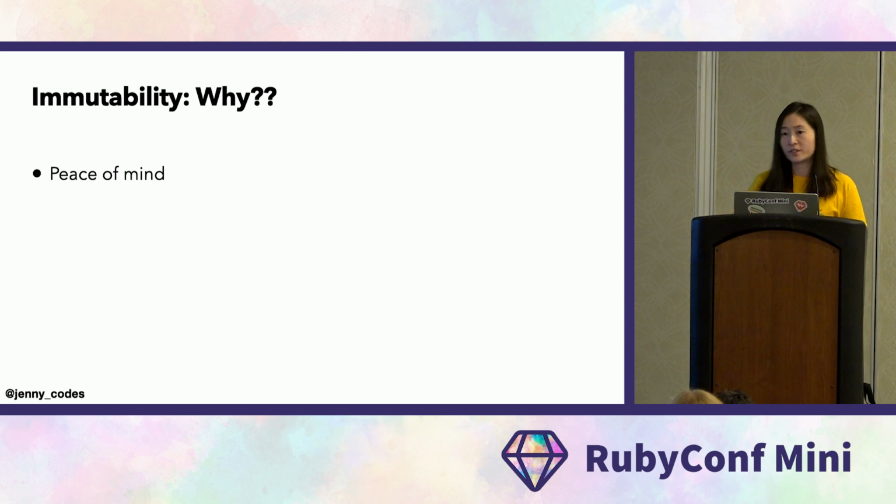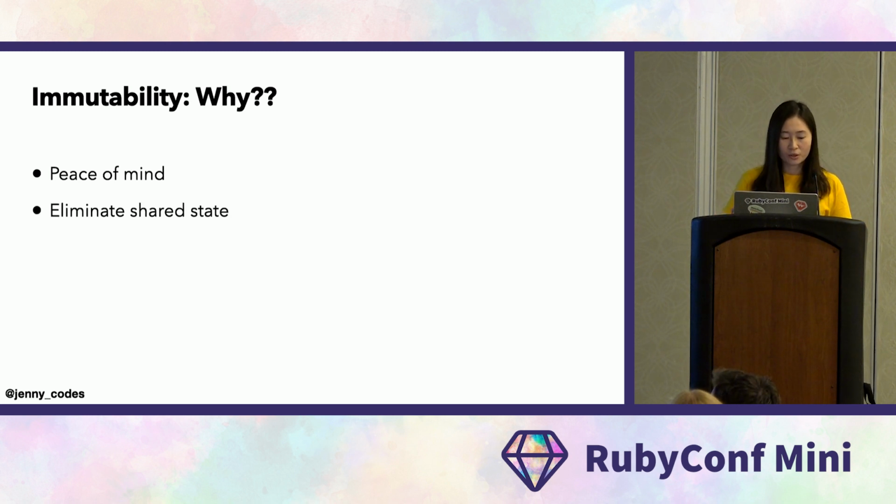And chances are you've experienced similar situations. With immutable objects, we are eliminating the possibility of mutating shared state. We don't have to care about the object state at any given time. And that's a huge benefit.